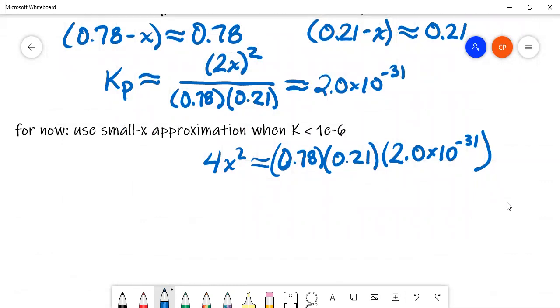Well, once I've got that in place, why don't I just divide both sides by the 4 and just go ahead and get that done. Fair enough? So x squared is equal to 0.78 times 0.21 times 2.0 times 10 to the minus 31 divided by 4.